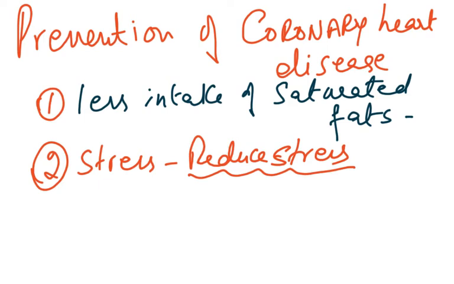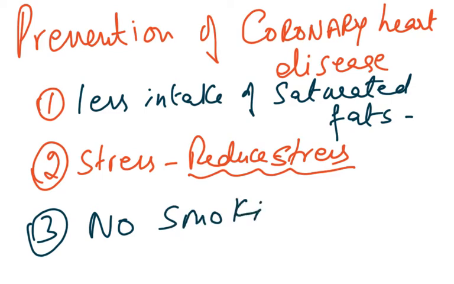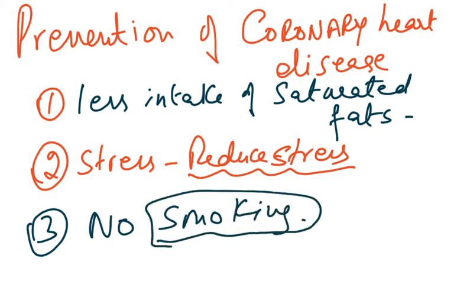Whatever the cause of the stress is, you need to remove that from your life. And the third and the most important one is, of course, you give up smoking. If you don't smoke, well, you're lucky. But if you smoke, then you better give it up, because smoking predisposes to coronary heart disease.